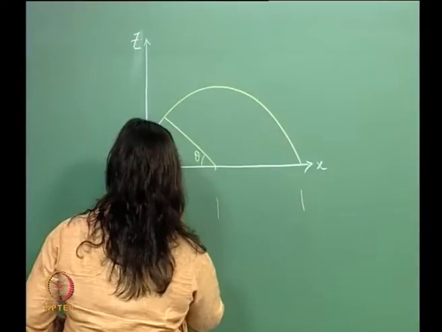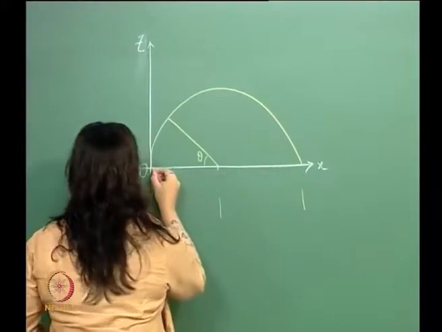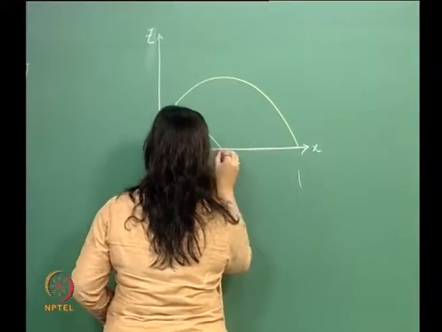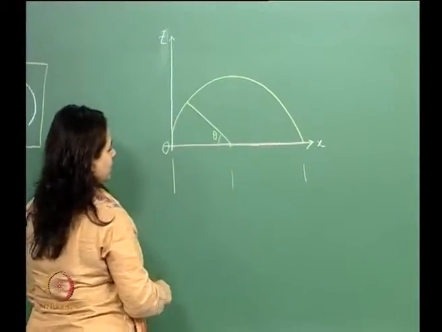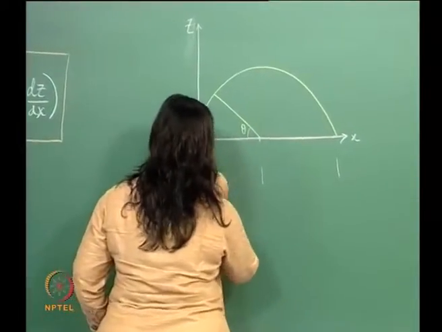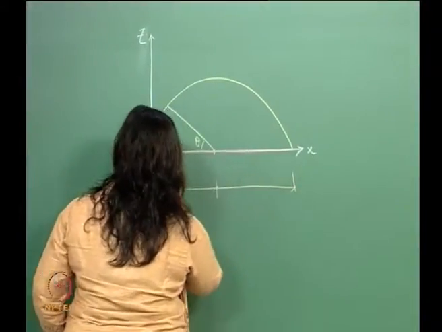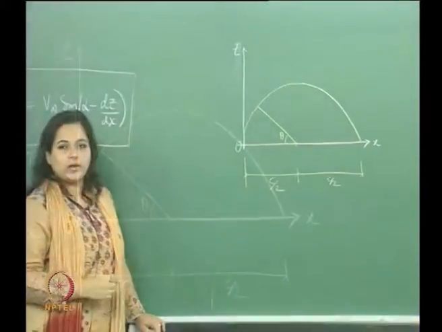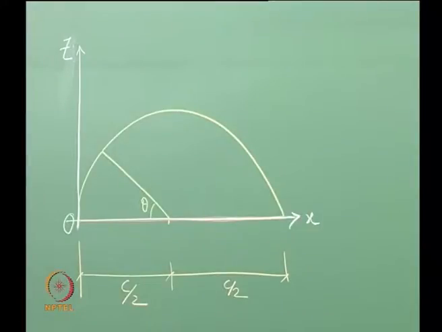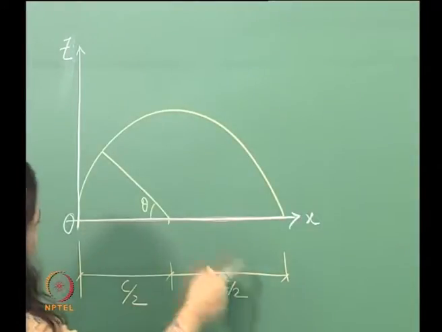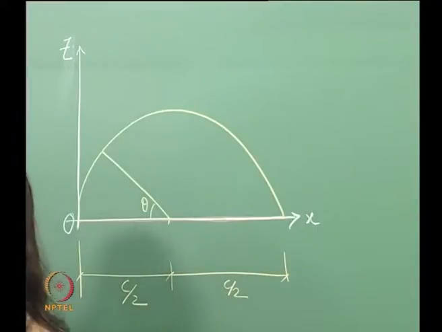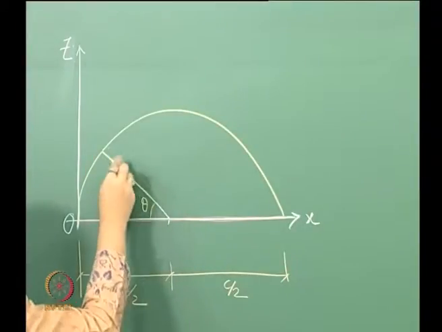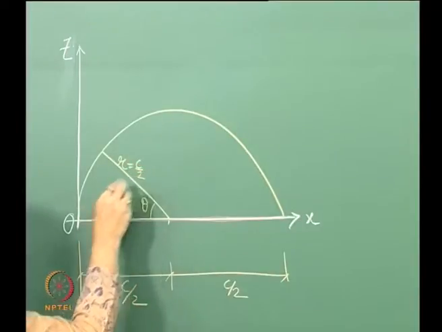Now this is my airfoil, which in this case is a flat plate, and this is a flat plate of length or chord C. So if I take a spherical coordinate system, then this is my one radial direction, which in this particular case is equal to c by 2.